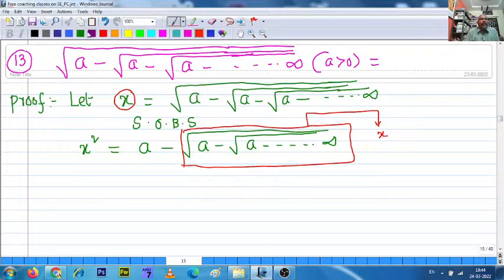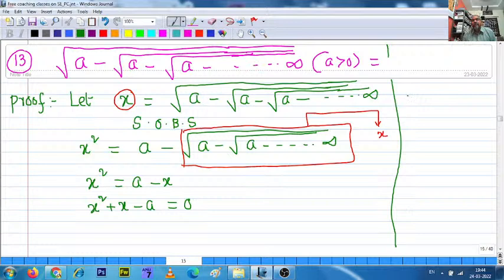Now our problem becomes x square equals a minus x. So let us construct a quadratic equation in terms of x. If we transpose a and minus x to the left hand side, we get x square plus x minus a is equal to 0. It's a quadratic equation. Now we need to solve it.